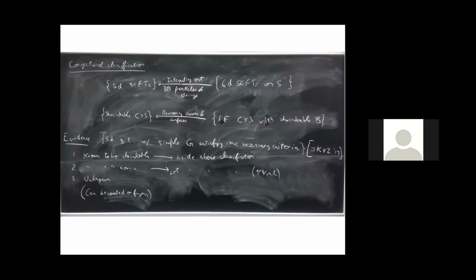I was wondering, if your conjecture is true, does that shed any light on classification for Calabi-Yau threefolds? You mean the compact ones? No, these statements are about non-compact ones. Okay, I understand. Thank you.